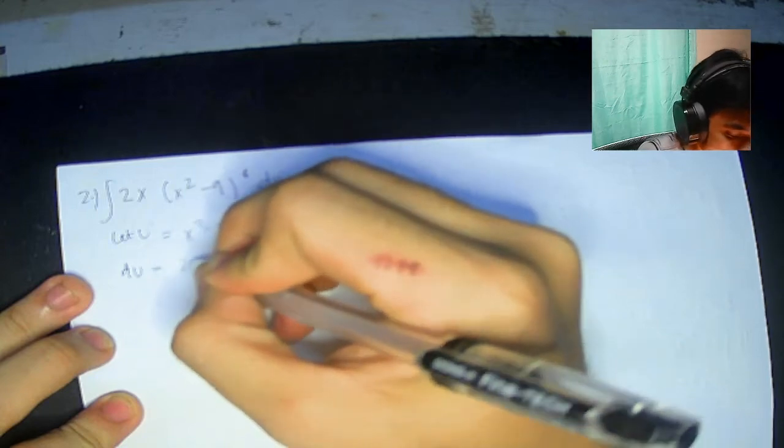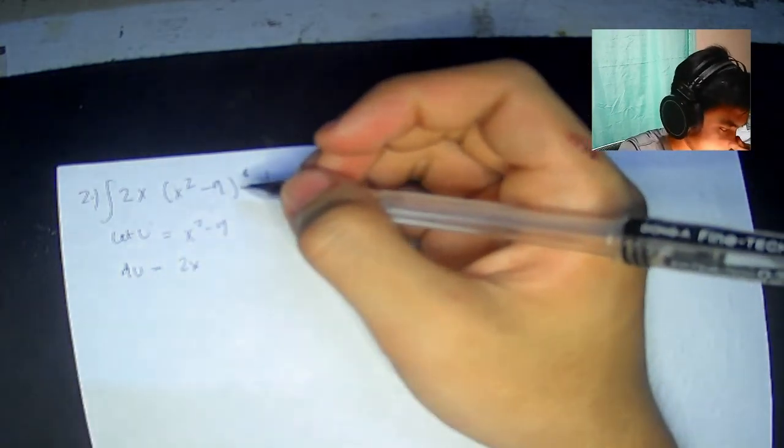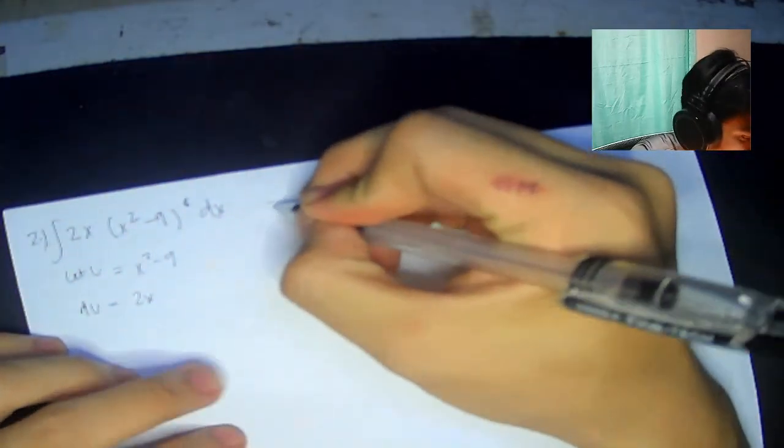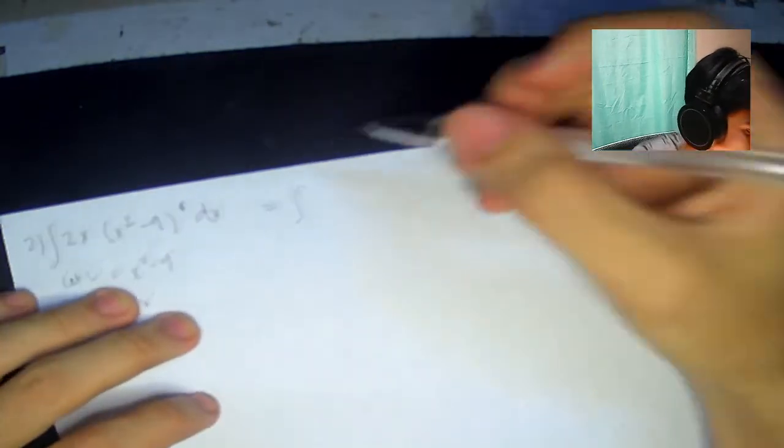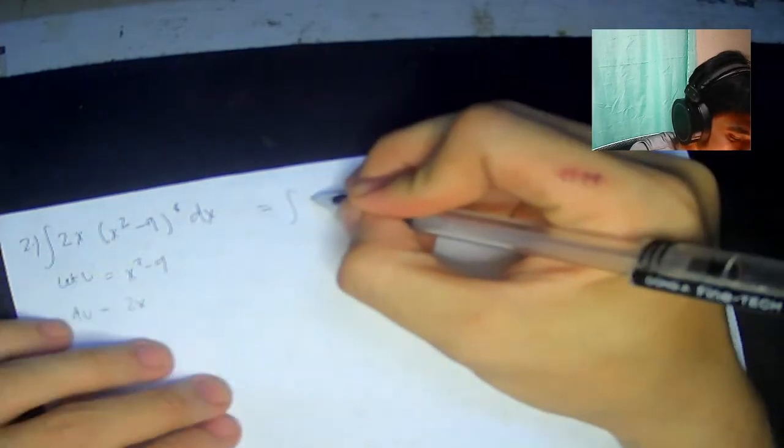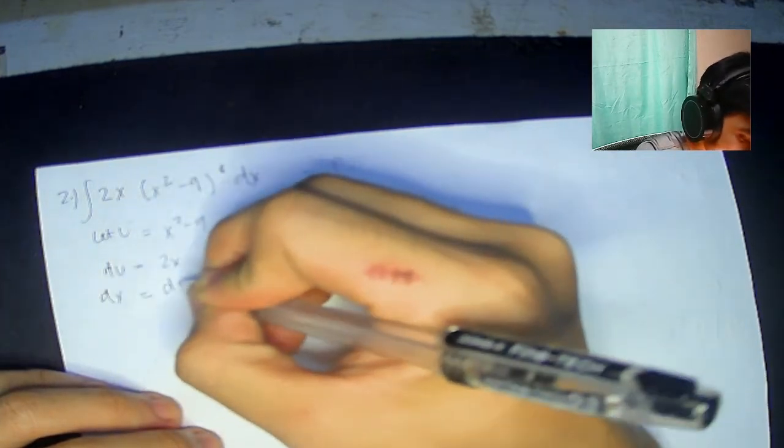So du, the derivative of u, is 2x. So let's differentiate. Before I forget, this is our du. So our dx is equal to du over 2x.